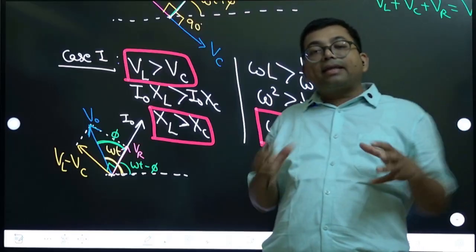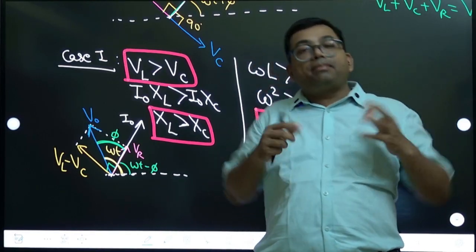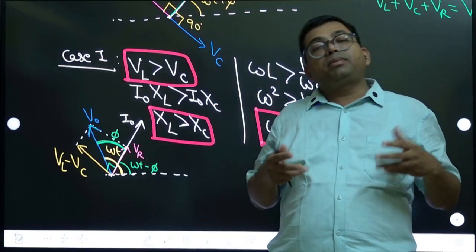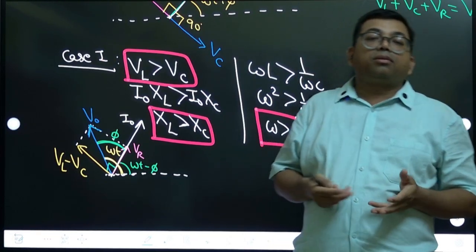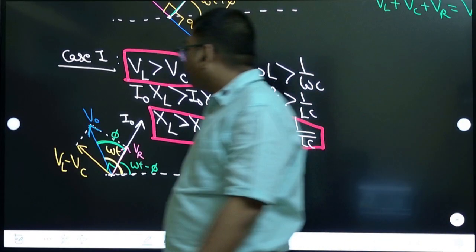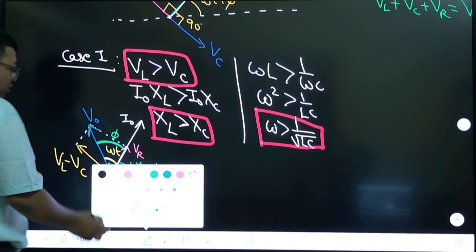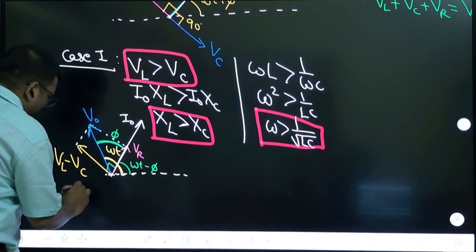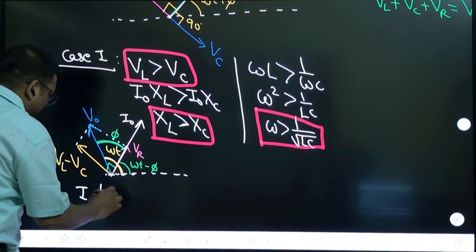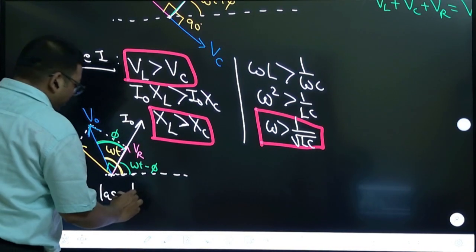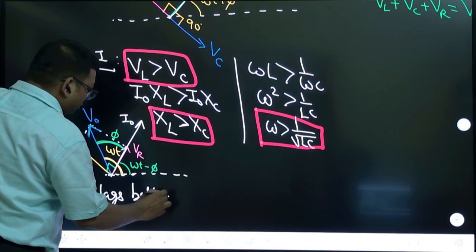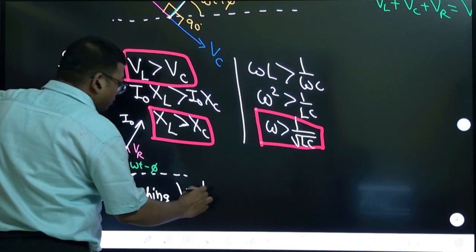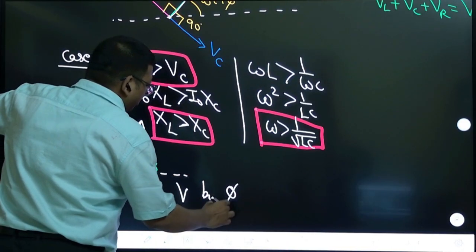But it is lagging by some other angle, not 90 degrees. So here we can clearly see in this diagram that current I lags behind voltage by phi.